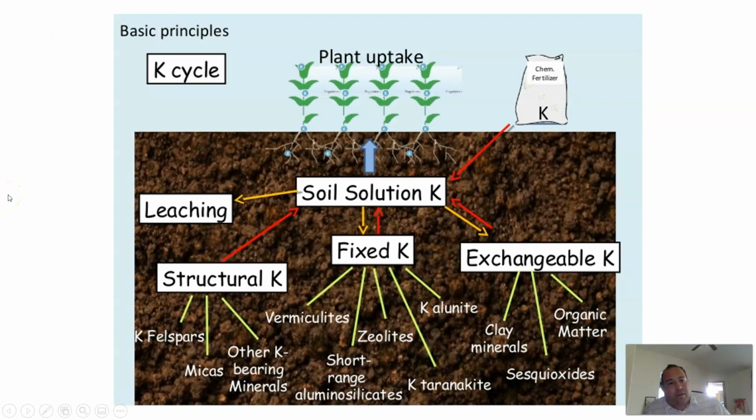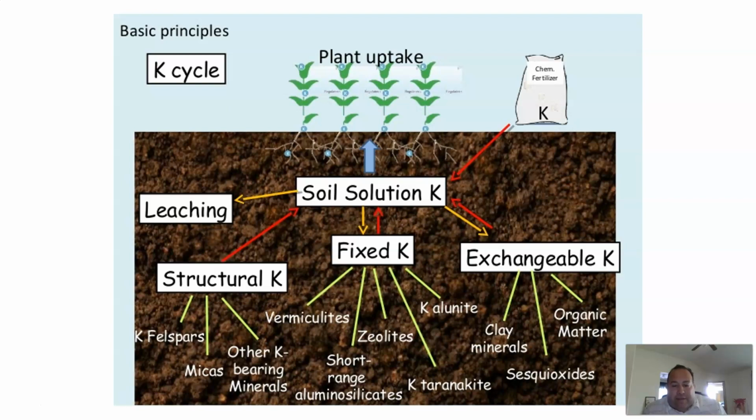There we go. So let's look at our potassium cycle, because we looked at our nitrogen cycle and our phosphorus cycle. You can get it through a fertilizer. You can get it through exchangeable potassium in the soil from organic matter, clay minerals, or sesquioxides, or you can get some fixed potassium.